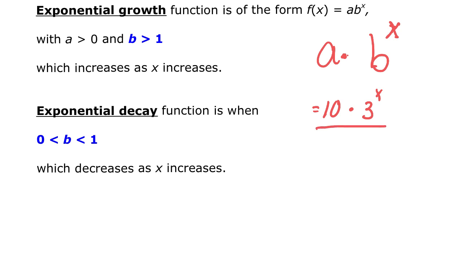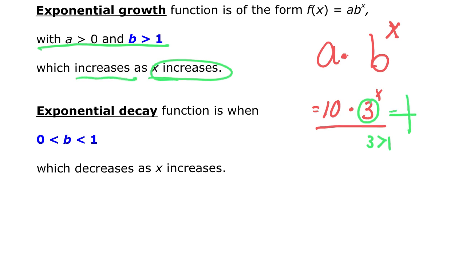If the b value is greater than 1 and a is greater than 0, then as x increases, the function increases. So it's going to go up this way, a rough sketch. Only if b is bigger than 1.